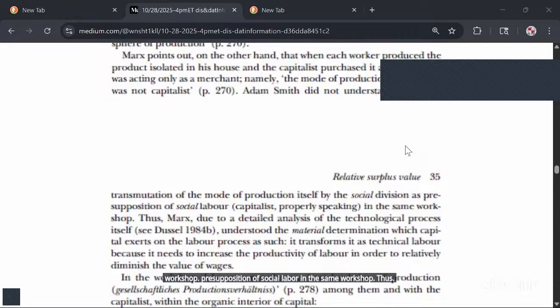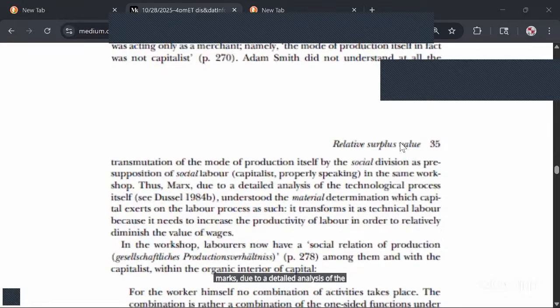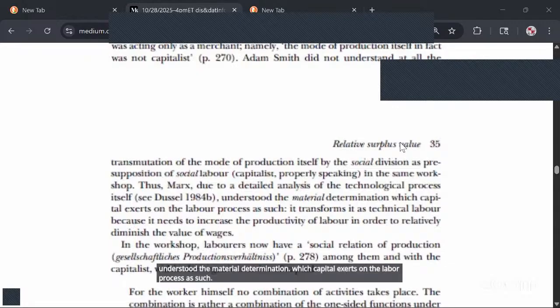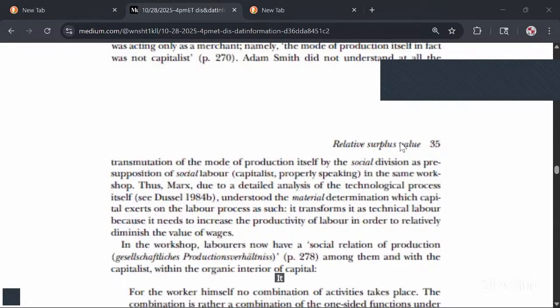Thus, Marx, due to a detailed analysis of the technological process itself, understood the material determination which capital exerts on the labor process as such. It transforms it as technical labor because it needs to increase the productivity of labor in order to relatively diminish the value of wages.